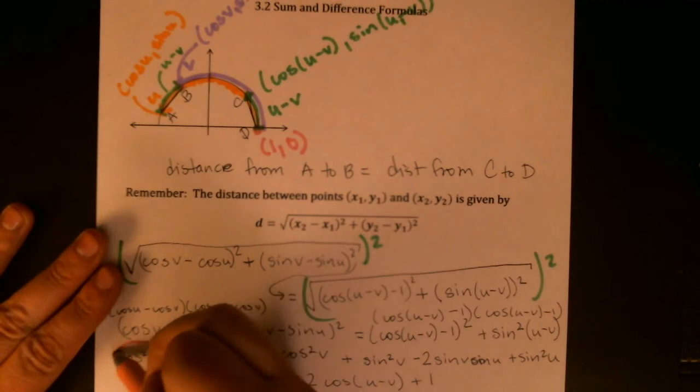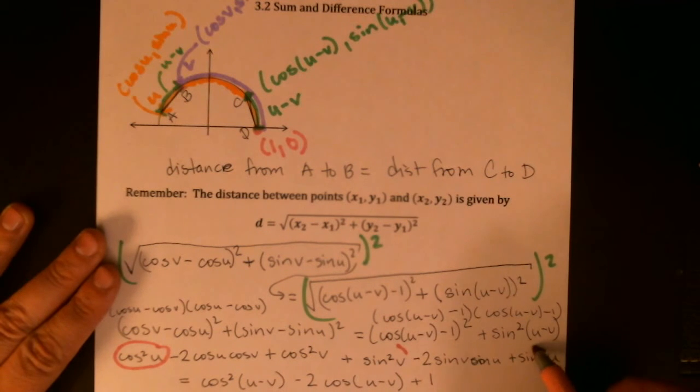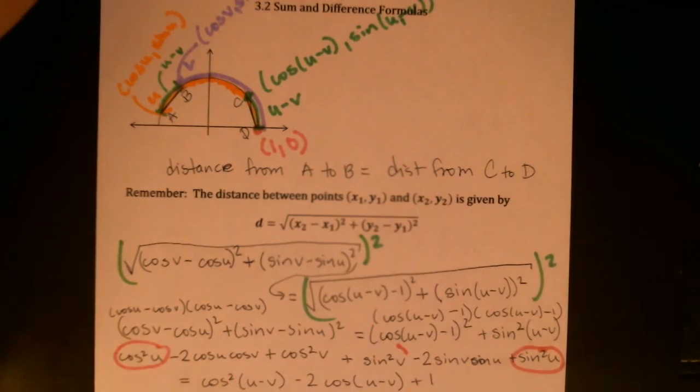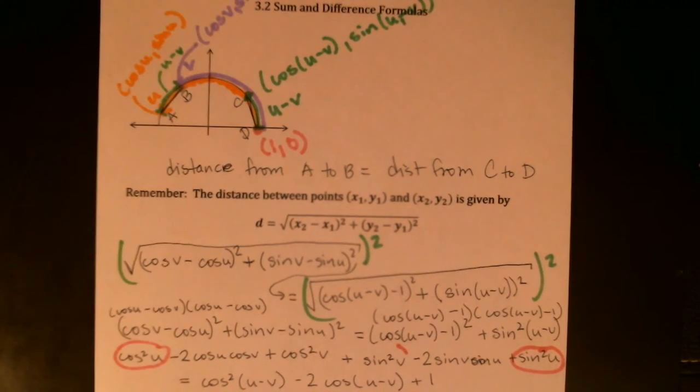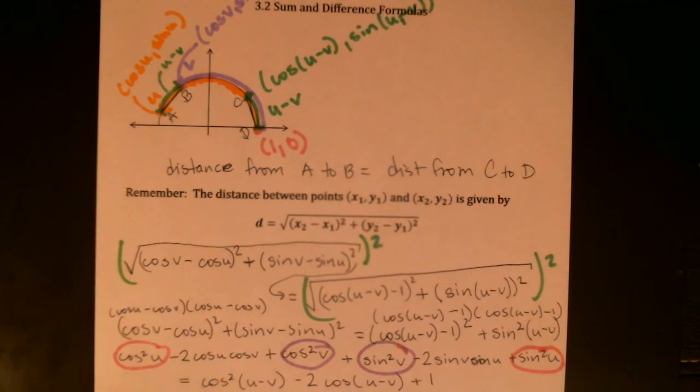Okay, so notice I have a cosine squared U plus a sine squared U. According to the Pythagorean theorem, that's going to turn into a 1. Okay, what else is nice here? I have a cosine squared V plus a sine squared V, which is also going to turn into 1.